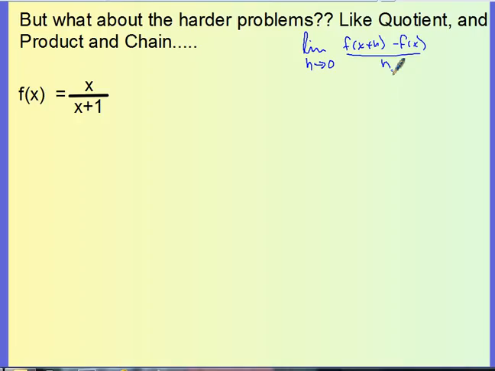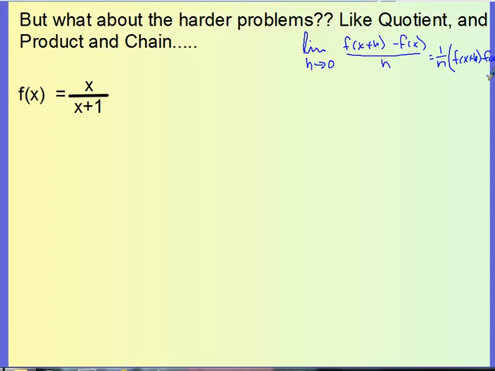Do y'all realize that this, couldn't I just write this as 1 over h times f of x plus h minus f of x? Isn't that the same thing? Right? Instead of dividing by h, I can just multiply by a fraction of 1 over h. Does that make sense? You guys agree with that? Okay, so they're literally the same thing.